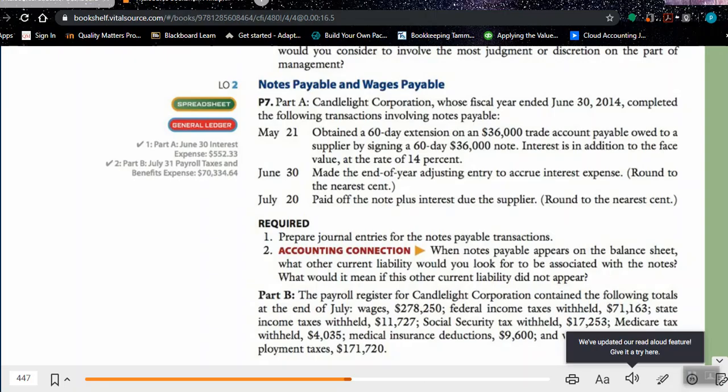The next one says on June 30, made an end of the year adjustment entry to accrue interest expense. Round to the nearest cent. So here it's the end of the year, and what we needed to do is record the interest that accrued for the 2014 year on that particular note.